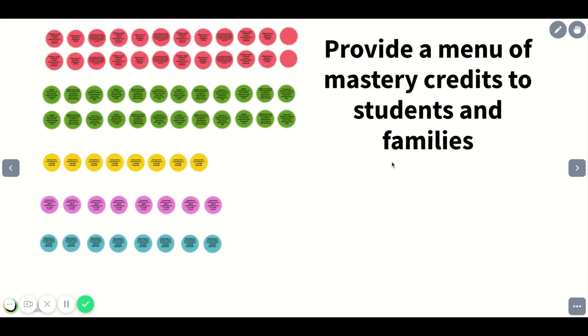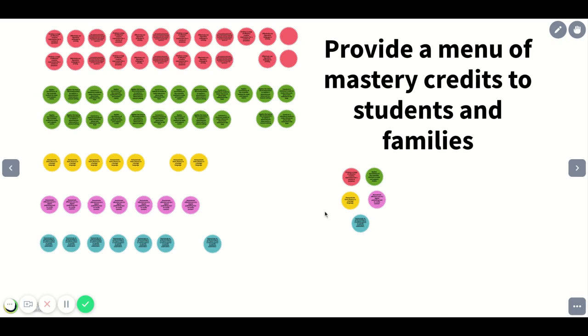So kind of zooming out, if we provided a menu of these mastery credits to students and families, and they were easily accessible, almost laid out in front of students at the start of any learning experience, whether that's a cohort project or an individual project, individual students would begin to piece together the ones they are interested in attempting mastery towards, and we could continuously give feedback on those throughout that project experience for that individual student.